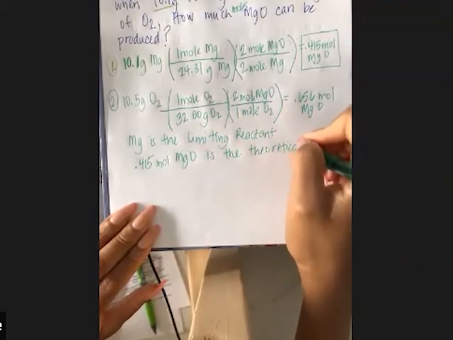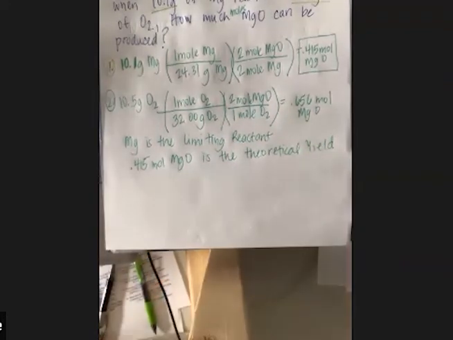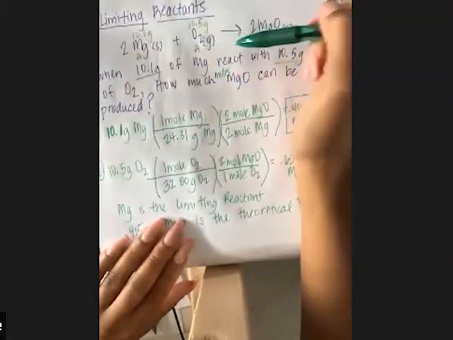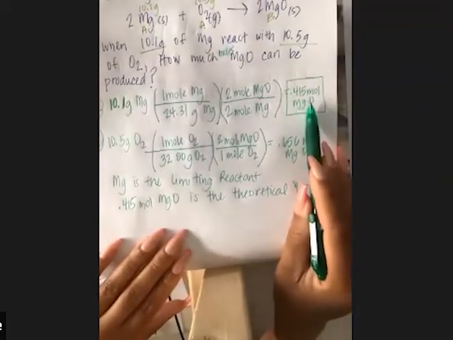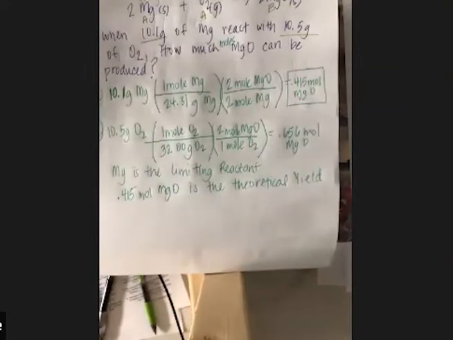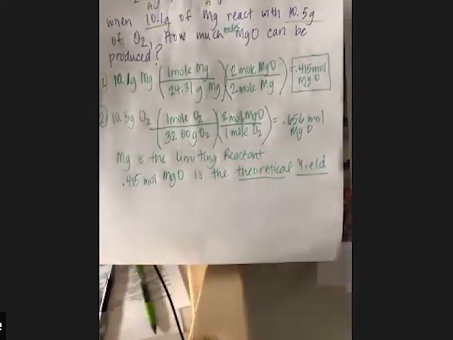And the theoretical yield is saying if everything went perfect in the lab while I ran this reaction, magnesium plus oxygen to make magnesium oxide, I should be able to make this much magnesium oxide. So theoretically, I should be able to make that much. So the theoretical yield and how much can be produced are the same number.